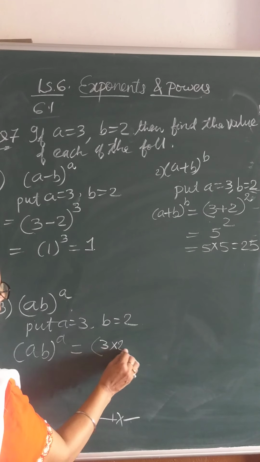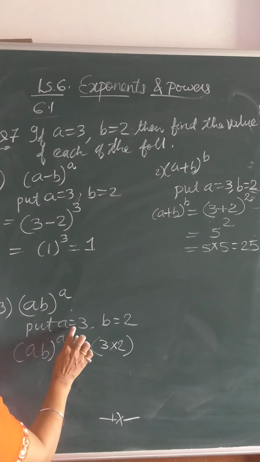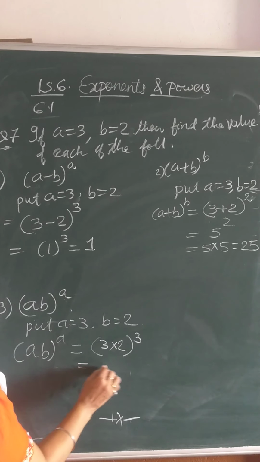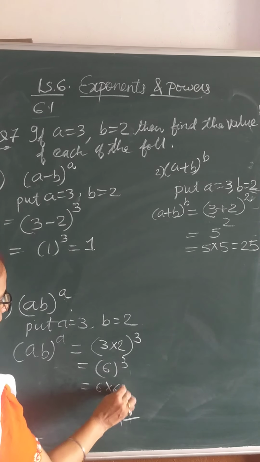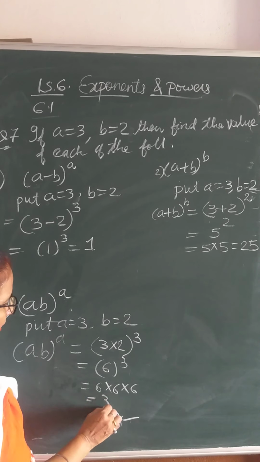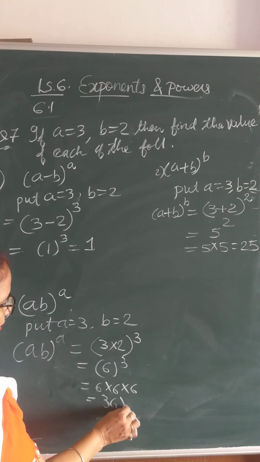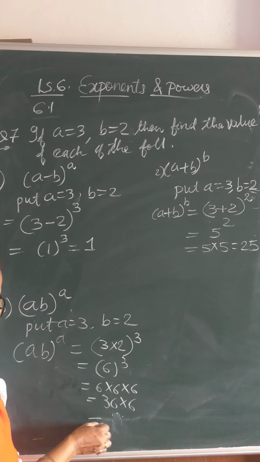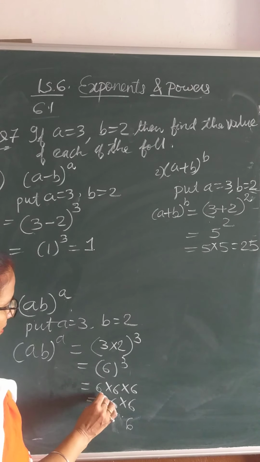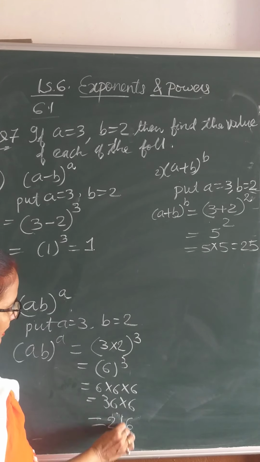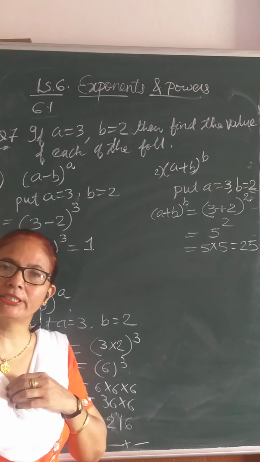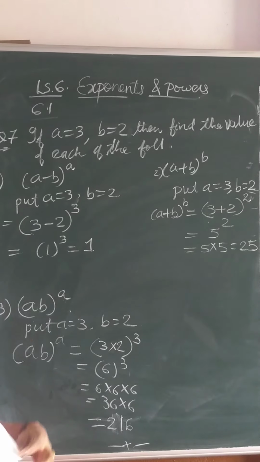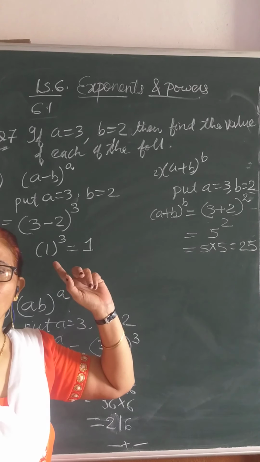So b is 2, raised to the power a, and a is 3. 3 2s are 6, raised to the power 3. So 6 into 6 into 6, that is 36 into 6, which is 216.